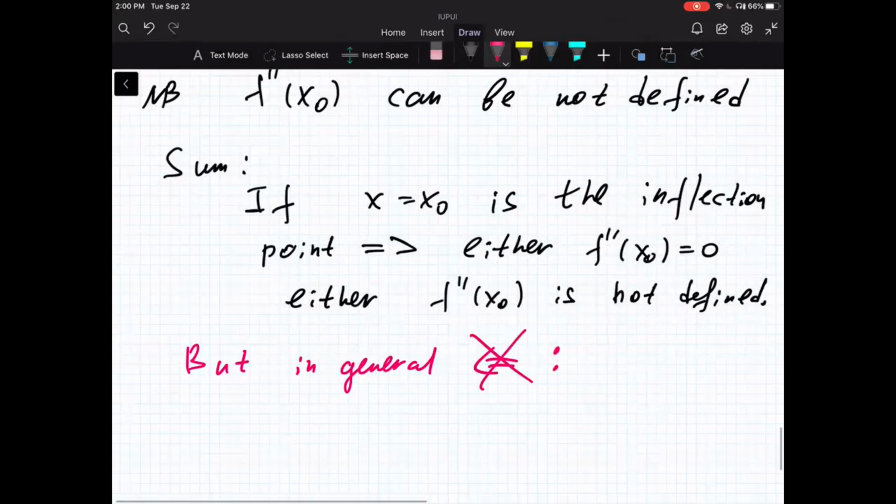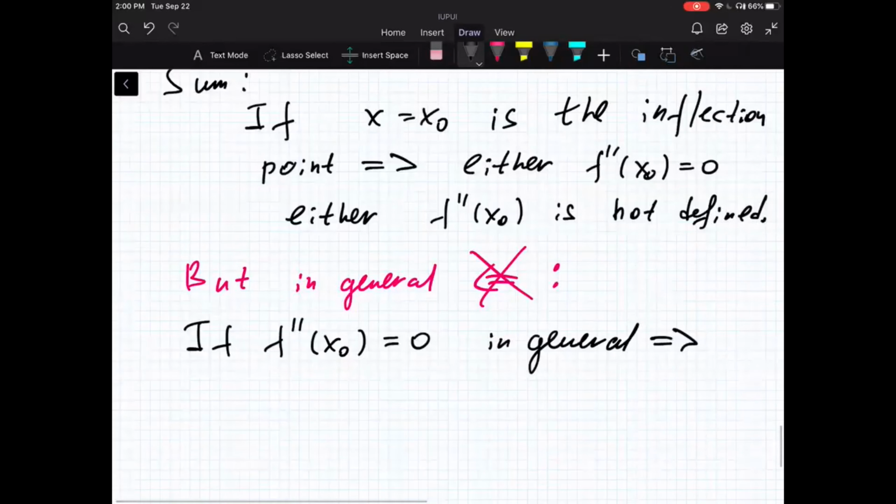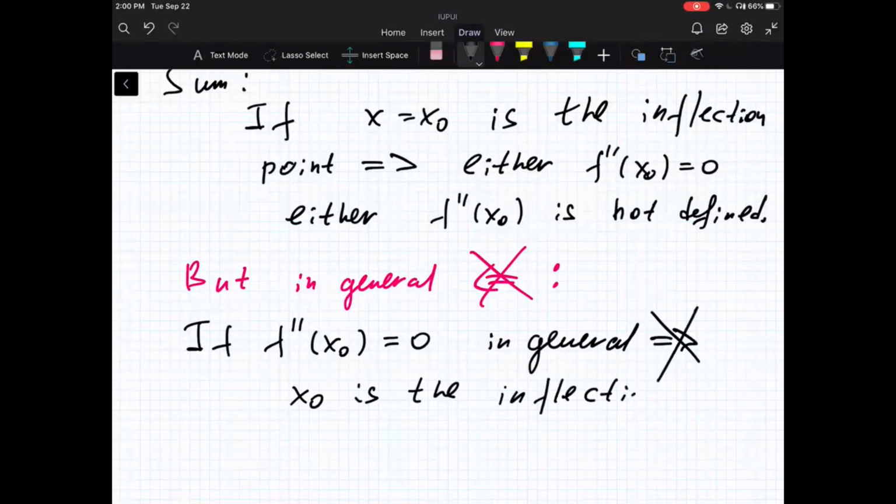So what does it mean? It means that if the second derivative, say at x naught, is 0, in general it doesn't give you that x naught is an inflection point. See the example y equals x to the power of 4, right?